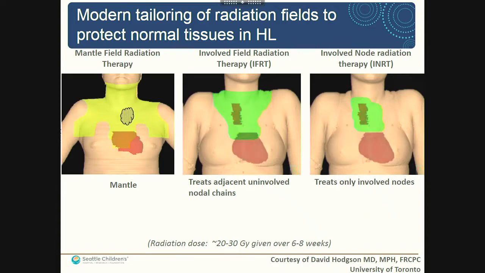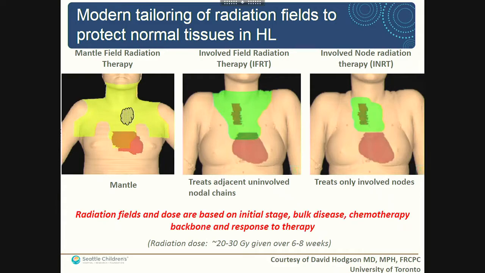And now we're at involved node radiation, where you really are trying to narrow your fields down just around the lymph nodes. And so you're impacting a lot less of your normal breast tissue and having a lot less scatter to the heart and a lot less involvement of the lungs. So I think that while this is helping, any radiation still has some long-term toxicities.